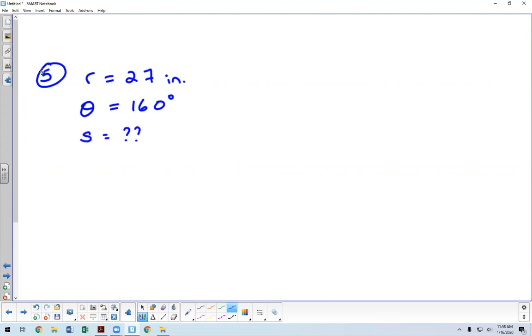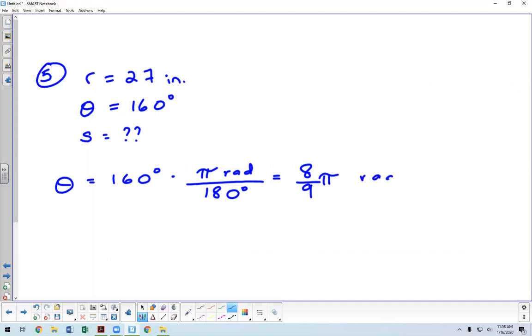Okay, so let's convert that angle first. And what do you think this comes out to be in radians? Very nice. 8/9 and what else? Yeah, very good. So it's going to be 8/9 pi in radians, right? All right, and now we can use our arc length formula.